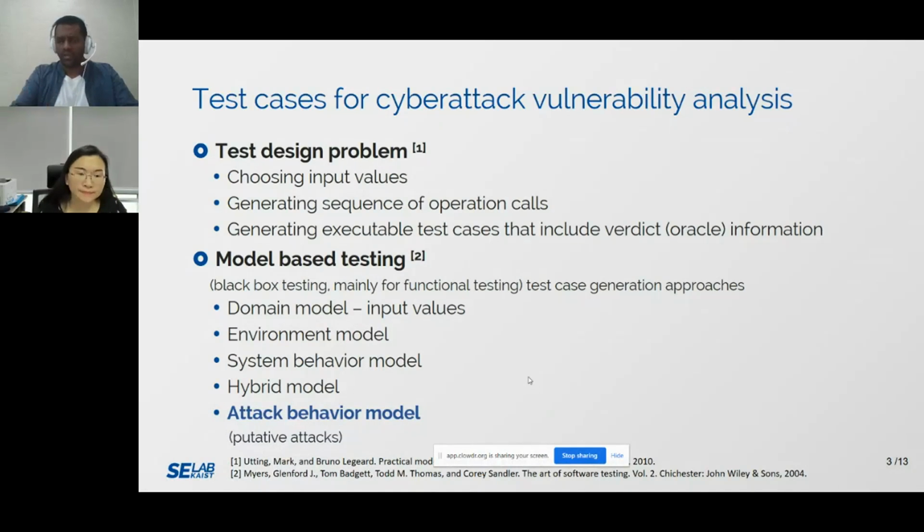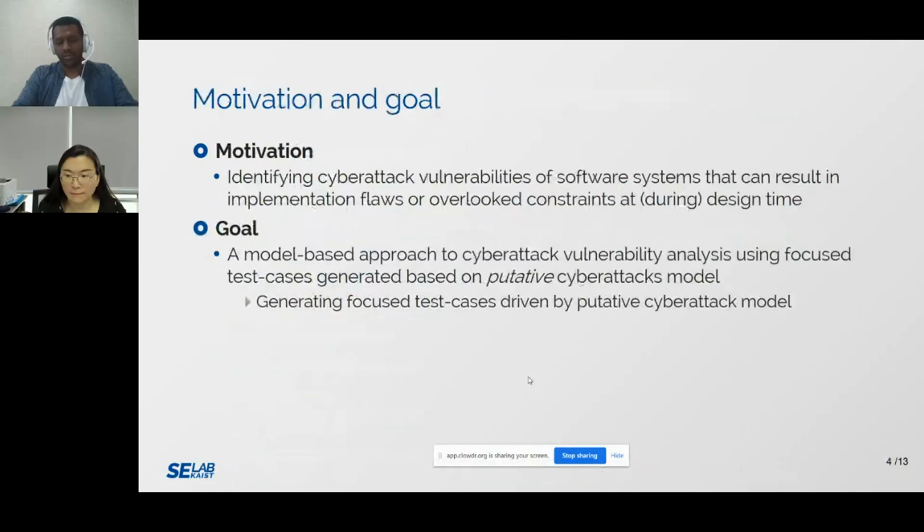Because the attack behavior model also provides information about the system, and particularly it provides information about the security of the system or the vulnerability of the system. So in this work, what we are trying to do is exploit this opportunity to design better test cases in order to secure our systems based on the attacker behavior model.